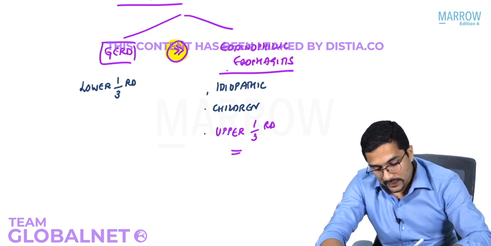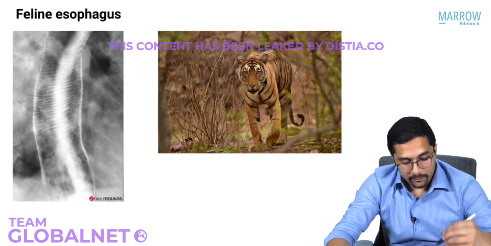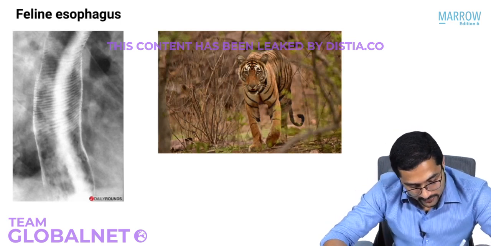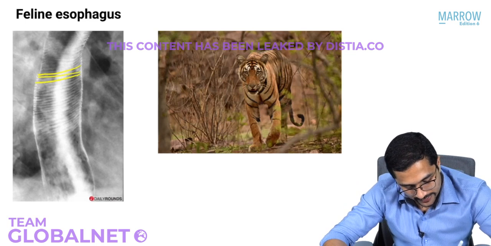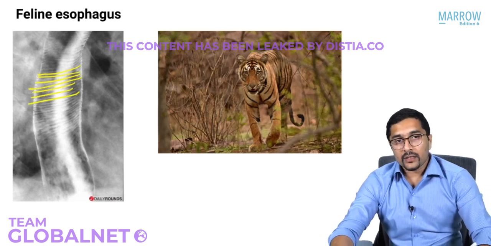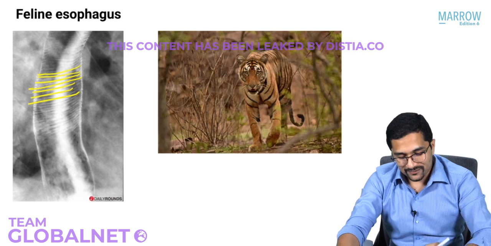The diagnosis is confirmed by a barium, and you will see these linings in the esophagus, and they resemble the linings on a tiger or a cat.